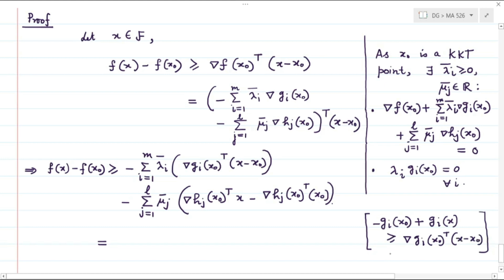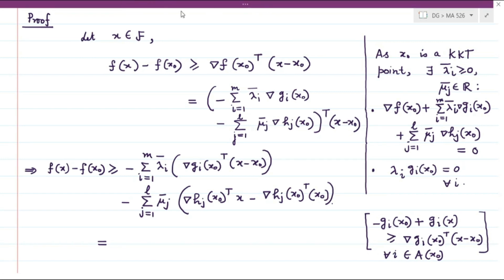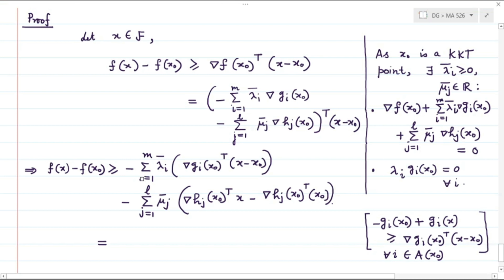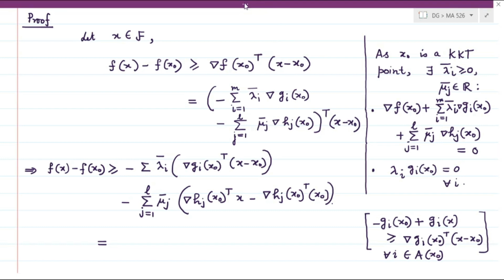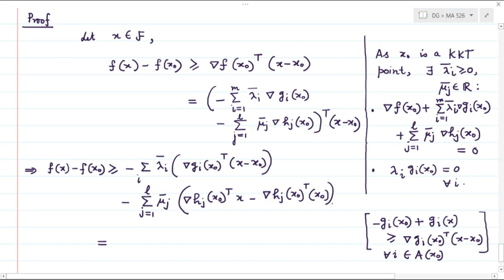So even if I restrict to all i belonging to the active index set, it is okay. Also, the lambda i's for which i is not in A(x naught) are equal to 0, and therefore it is nothing wrong if I consider here i belonging to A(x naught).